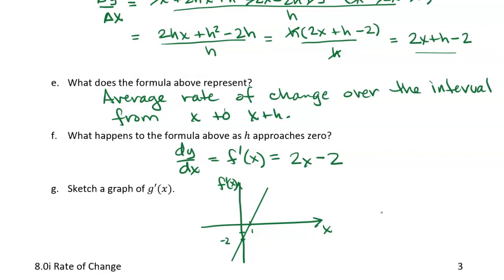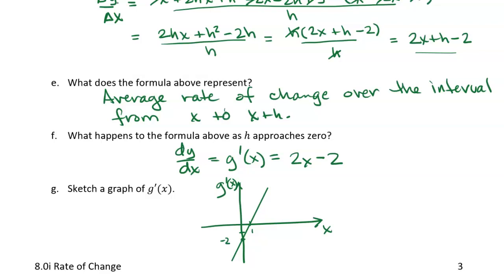All right, so now if we want to know the instantaneous rate of change at any point on the original function, now I was realizing this is g, not f. So I should make this g, and I should make this also g prime of x.